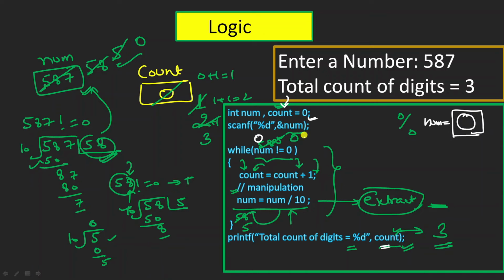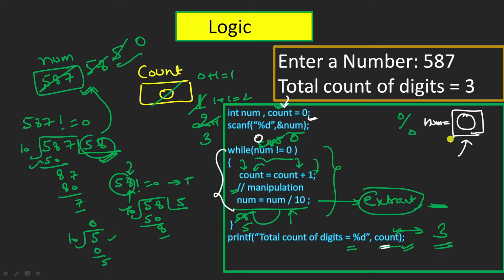But any number can be a single digit or multiple digits. So 0 is a single-digit number, so my answer should come as 1, but here it is giving me 0. So this while loop is not handling this case of 0.